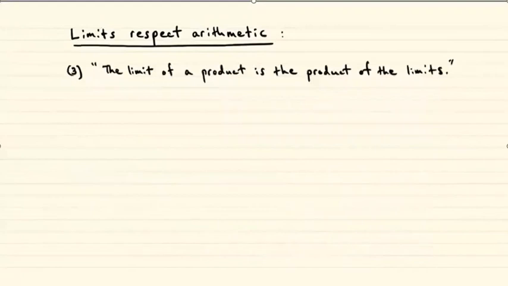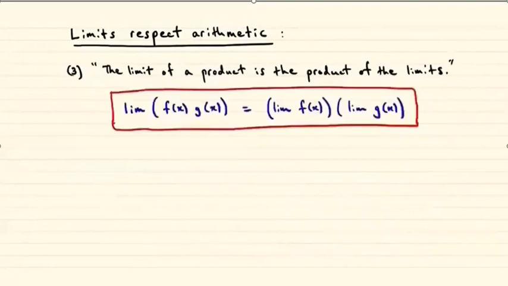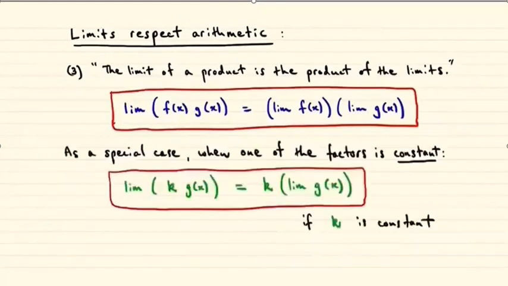The third law says that the limit of a product is the product of the limits. It follows as a special case that the limit of a constant multiple is the constant multiple of the limit.